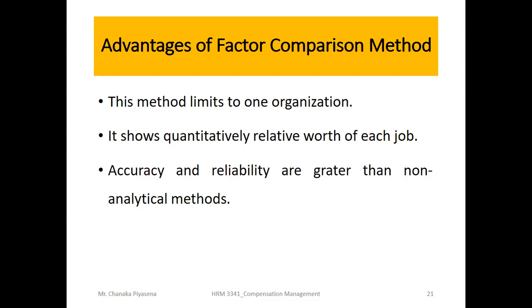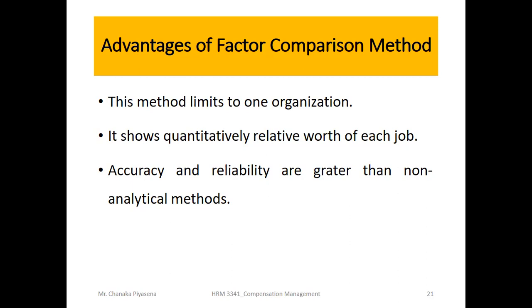Only the market value of the job is information from outside the organization, but all other things are developed for one organization. Then we can identify the internal, relative importance value of the job for the organization.